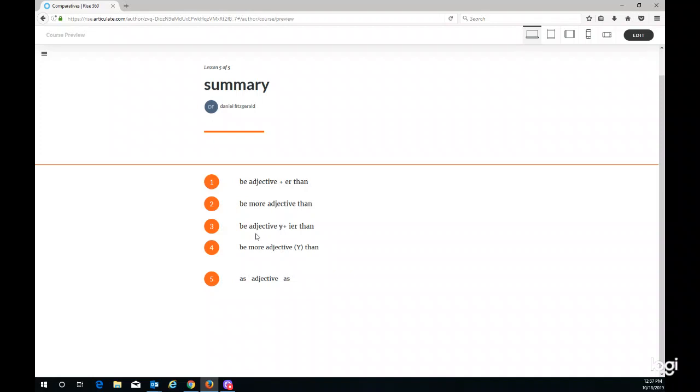If the adjective ends in y, we have two forms. We can use be plus adjective plus ier than, or be more adjective than. If we want to show two things are equal or the same, we use as plus adjective plus as.